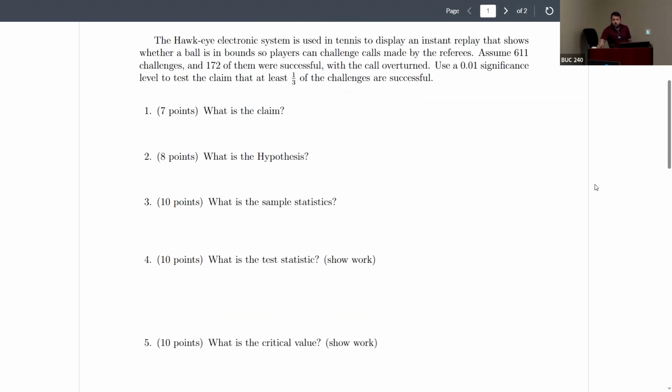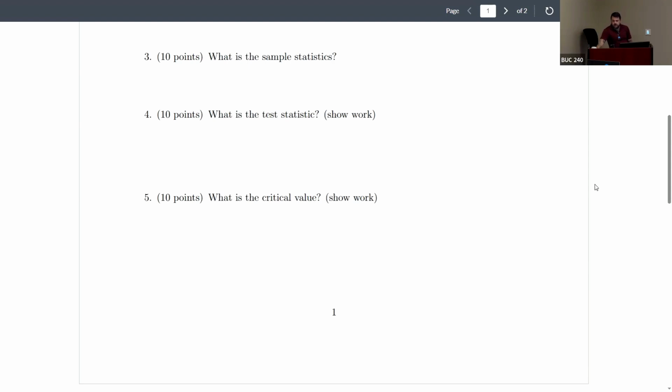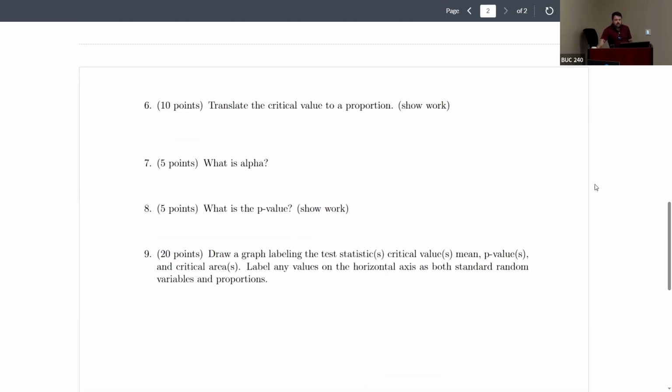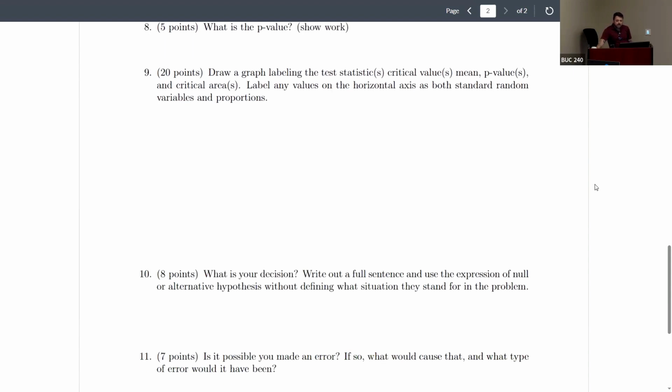What's the claim? What's the hypothesis? What is the sample statistic? What is the test statistic? What is the critical value? Translate the critical value to a proportion. What is the alpha? What is the p-value? You'll learn about p-value in the next class. Draw a graph labeling the test statistic, critical values, mean, p-values, and critical values.